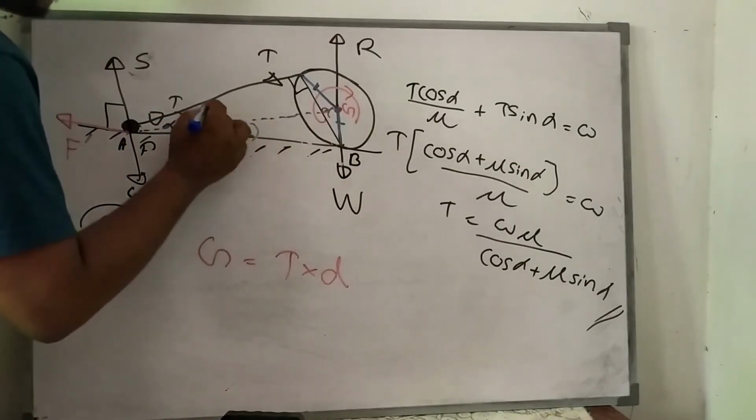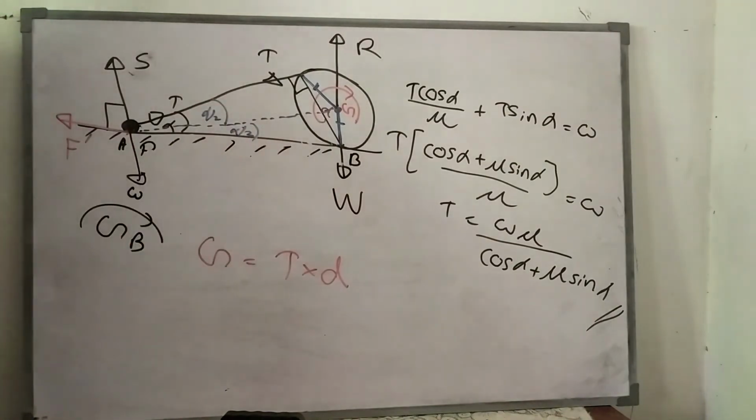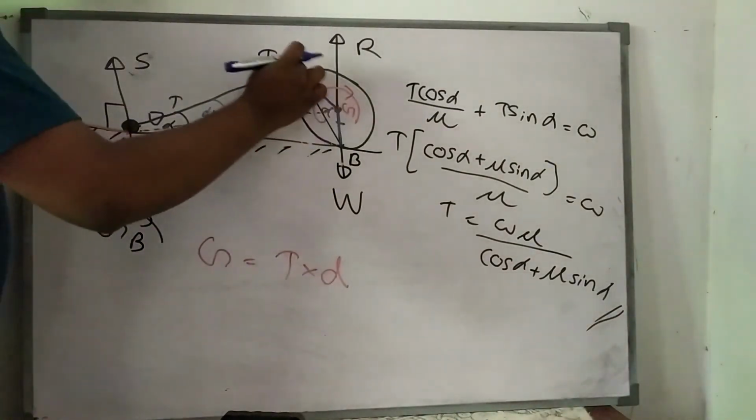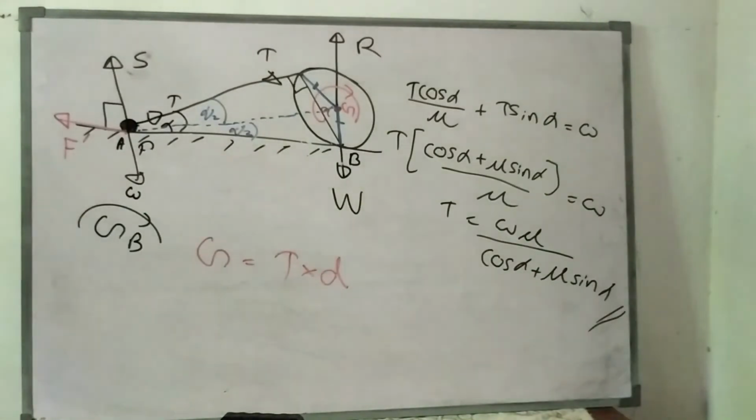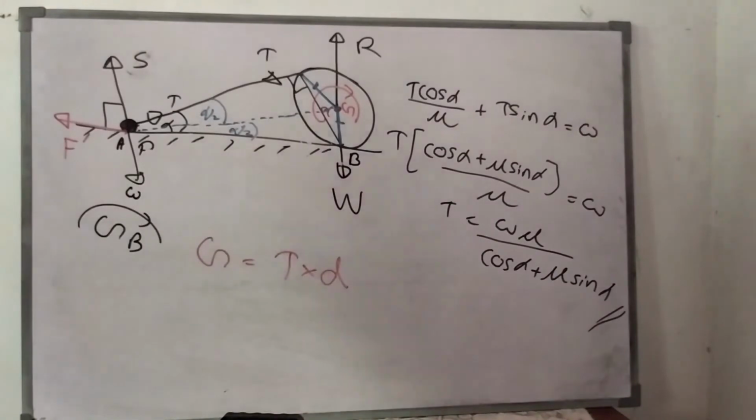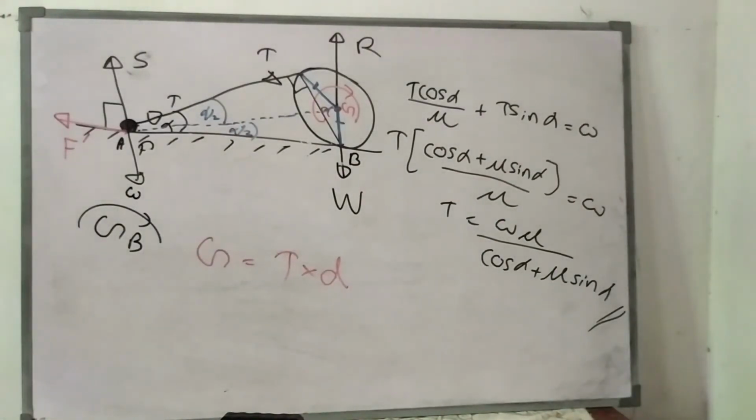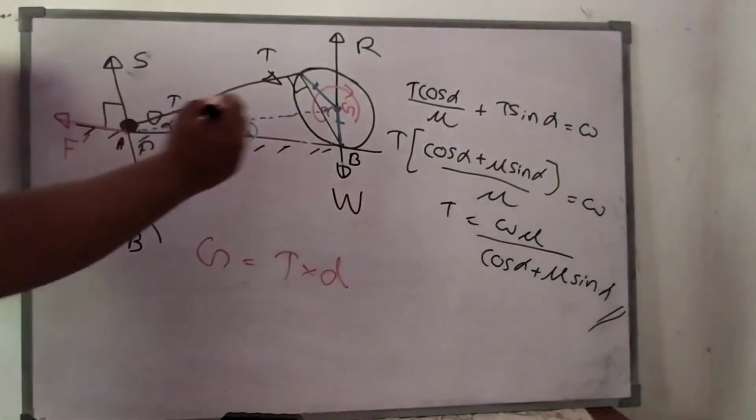So these are radii, right? I'm going to draw them. So these angles are the same, alpha by 2, alpha by 2. Actually, P is an external point to the circle, right? So AB and, assuming the upper one is D, AB and AD will be equal.